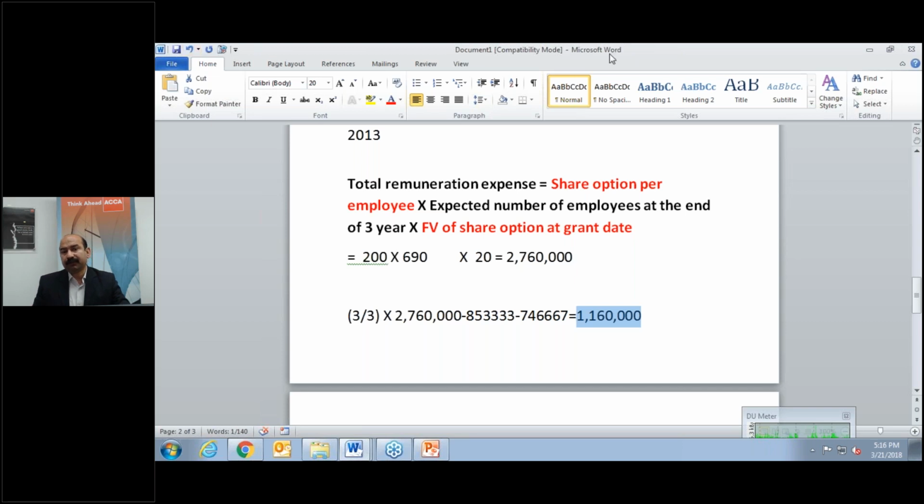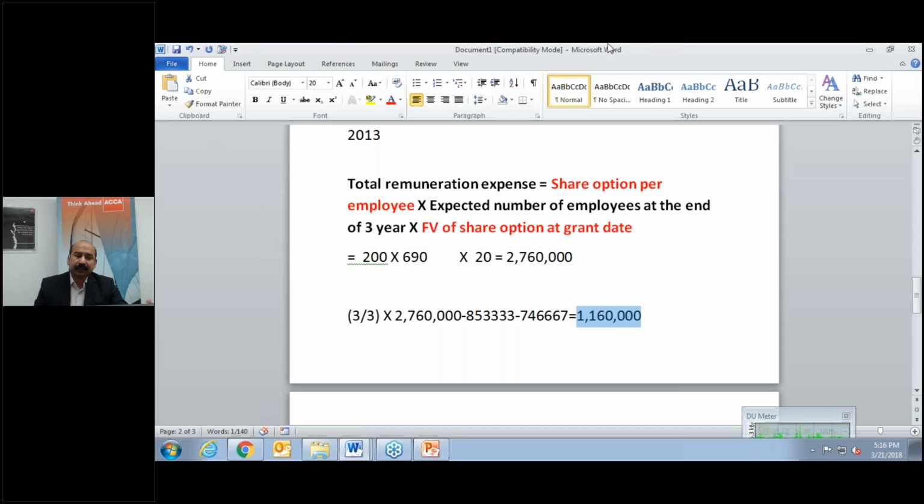Now there is a concept of vesting period. Fine, we agreed with our employees that they will be given share options, for example. So what are the other conditions? If the condition is like this, as we have seen in this illustration, they will have to complete a certain period of their employment with this organization.